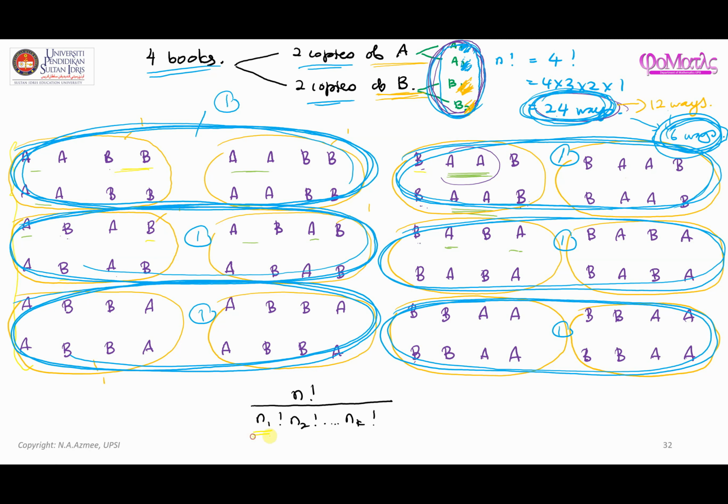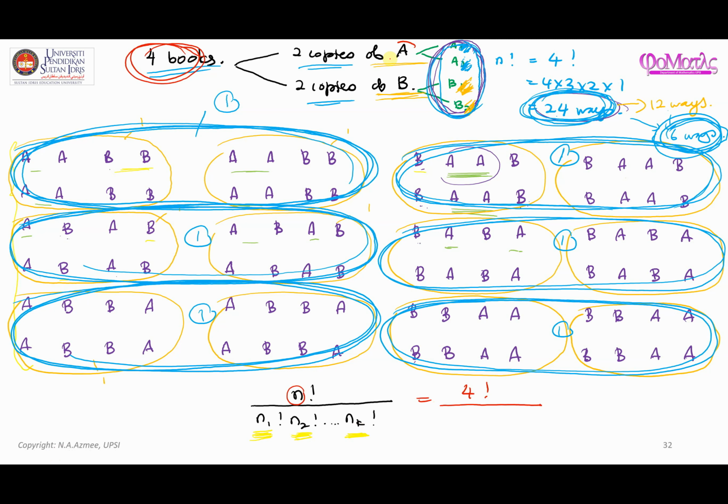So if you have up to k categories, nk here is the number of objects in category k. So in this example, our n here is 4 books. So here we've got 4 factorial.